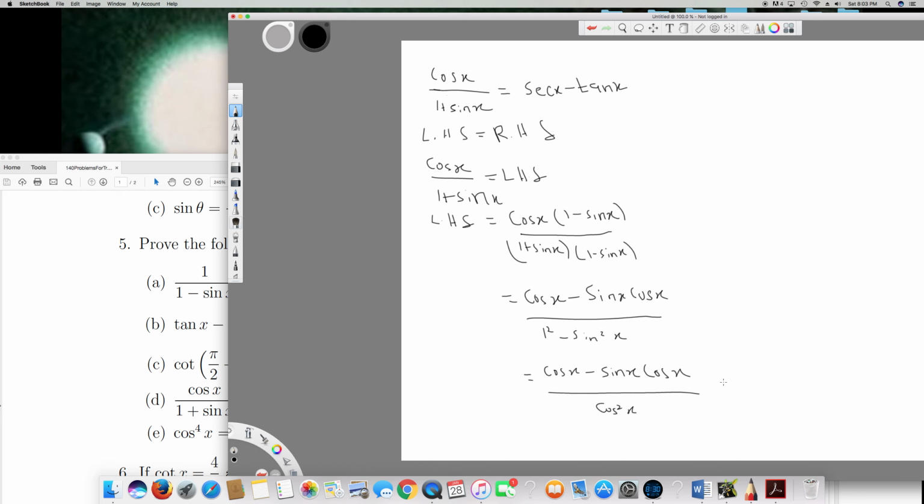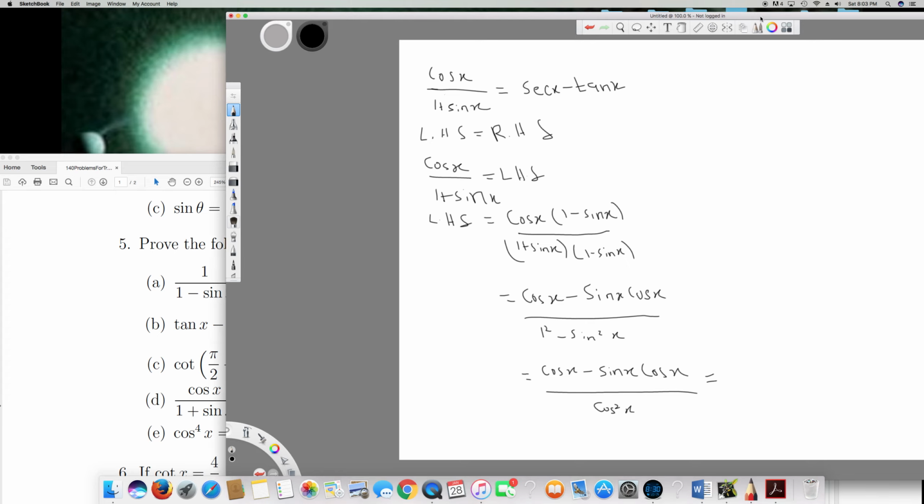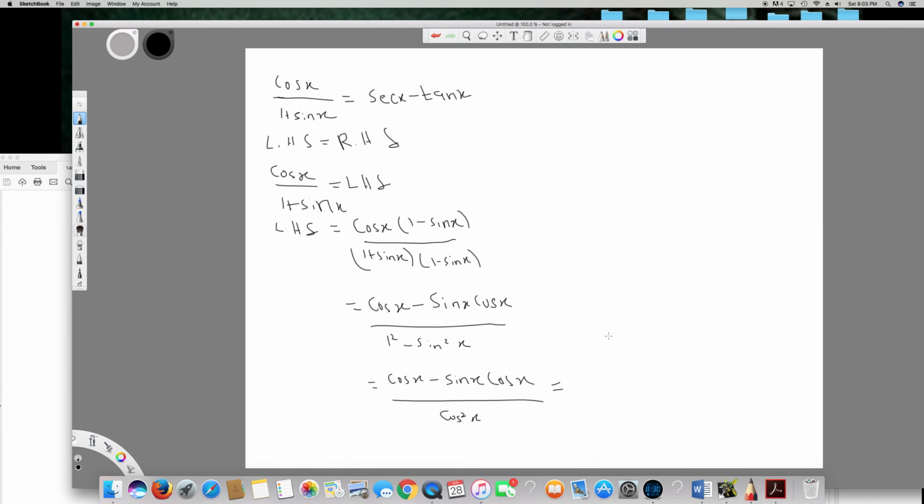We can write this equation as two equations, so it will be 100% clear. Cos x over cos square x minus sin x cos x over cos square x.